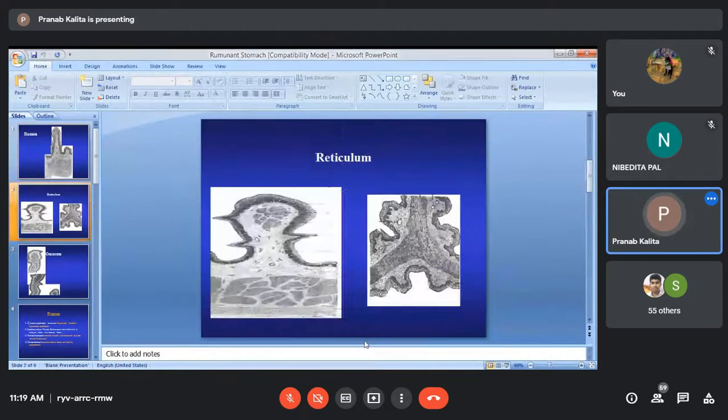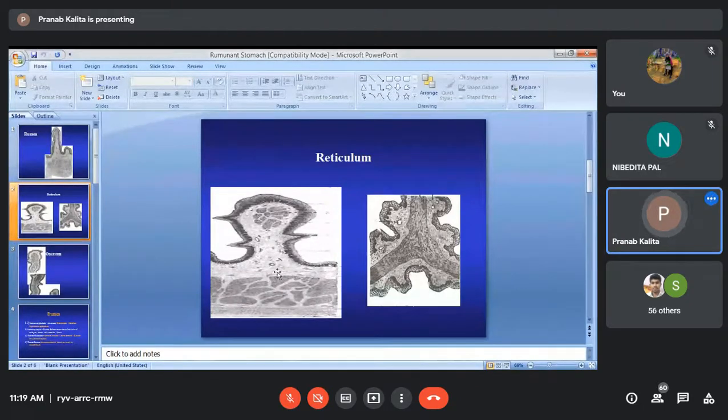Coming to the reticulum, it is quite similar to the rumen. You will find the lamina epithelialis mucosae with the same epithelium, keratinized stratified squamous epithelium. Then this layer is called the propria submucosa, the entire layer.